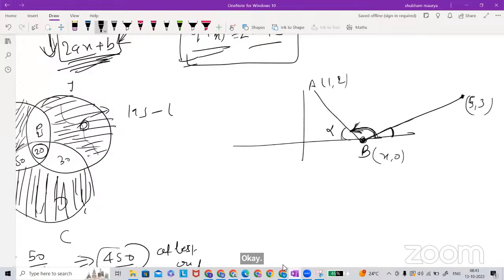Tan alpha equals minus tan alpha. So this one is going to be minus the slope of that one. This way we can calculate.